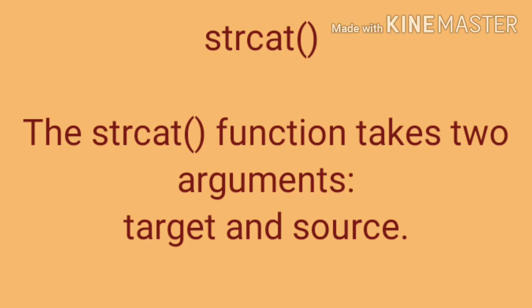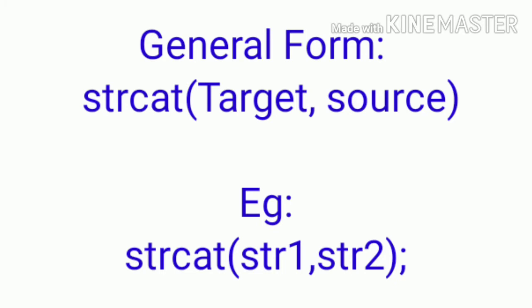Okay. The next string function is strcat, that is string concatenation, which is mainly used to join two strings. This function also contains two arguments, one is target, another one is source. The general format for string concatenation is strcat within parenthesis, two arguments are passed, one is target comma source.